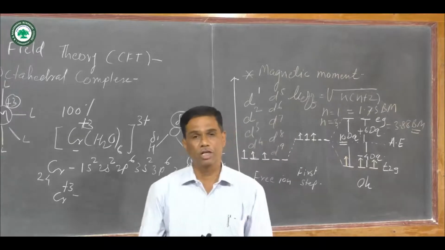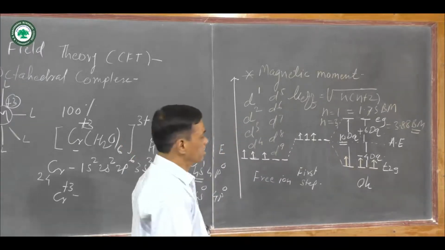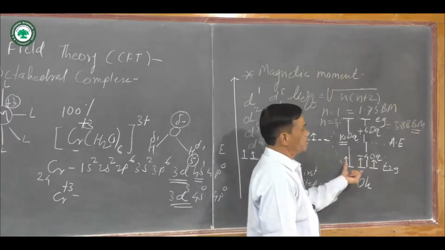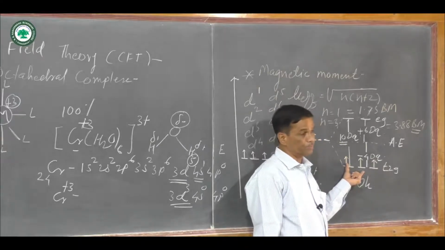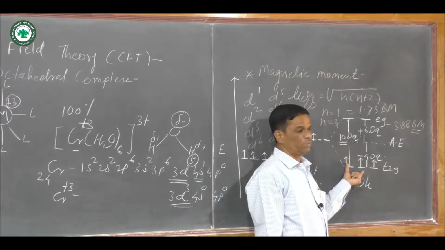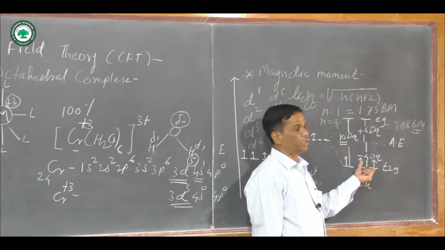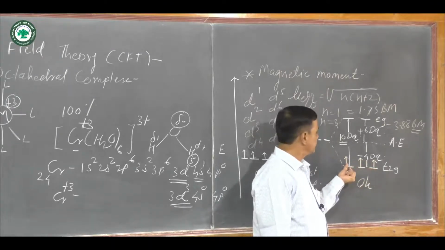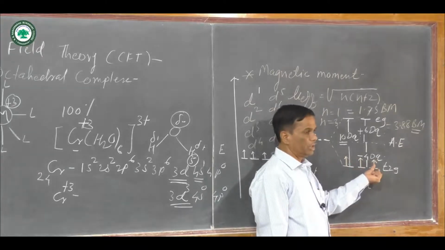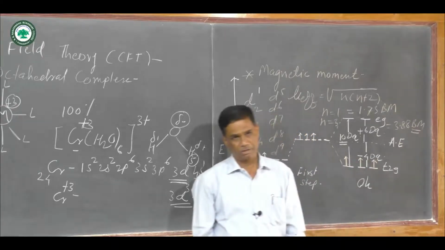All these electrons are unpaired because according to Hund's rule of maximum multiplicity, pairing of electrons will not start till there is a single filling of electron in each orbital. Here single filling, single filling, single filling, these 3 electrons are there.